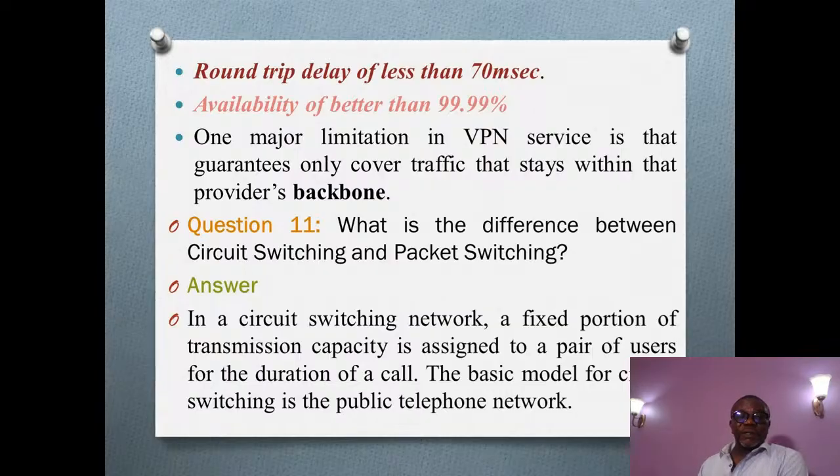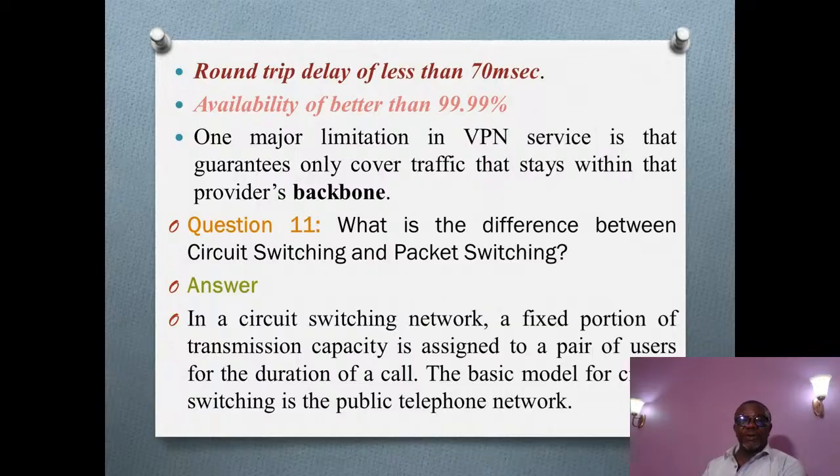Now, 11, what is the difference between circuit switching and packet switching? In a circuit switching network, a fixed portion of transmission capacity is assigned to a pair of users for the duration of a call.